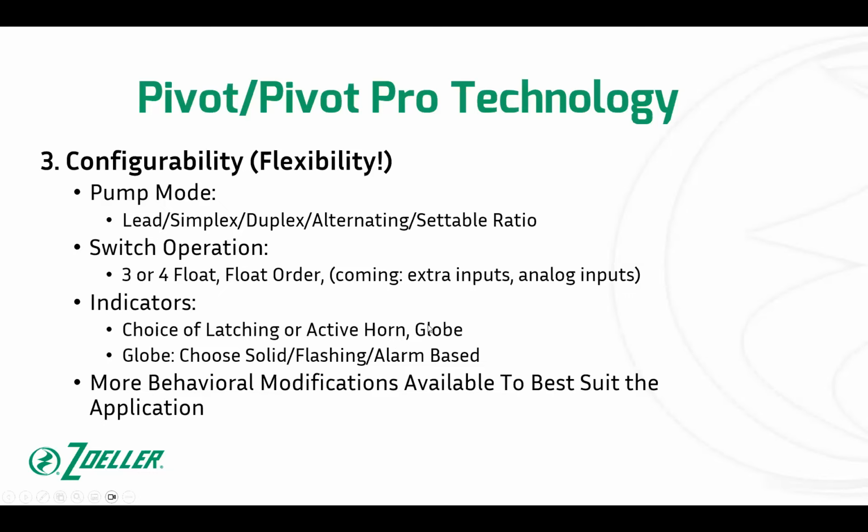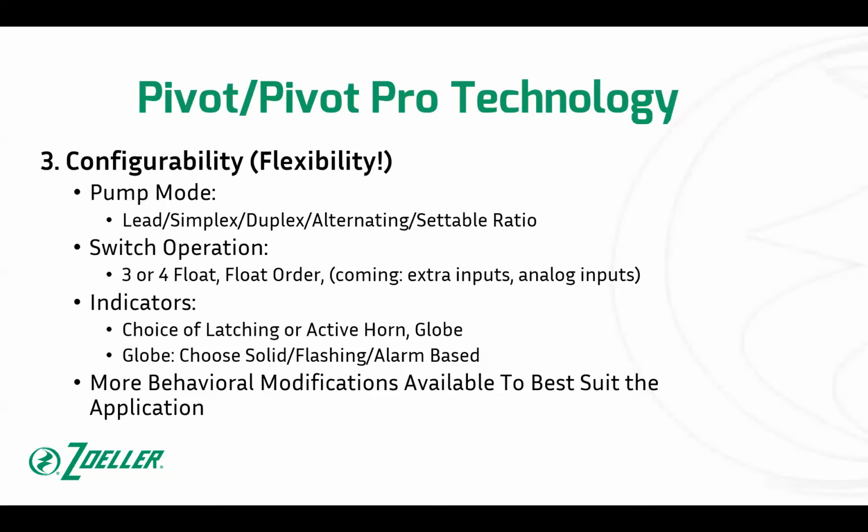On the top, you've got a globe and you've got a horn on the side. There are different things you can choose for configurability. You can choose whether or not that horn latches or goes away when the condition goes away. And then the globe, this is a nice feature. The old panels had a solid light when there was some sort of alarm, and you paid extra to have a blinker or a flasher.